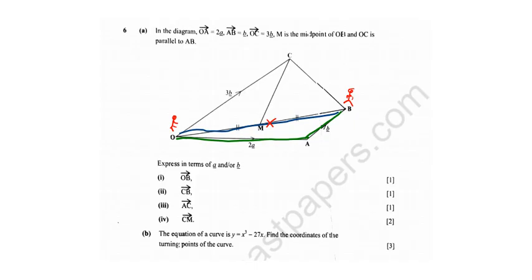Or you can use the other route, which is O to C and C to B. But this route can't work because here we don't have any figure. So the route we are using is the one which I have written in green.